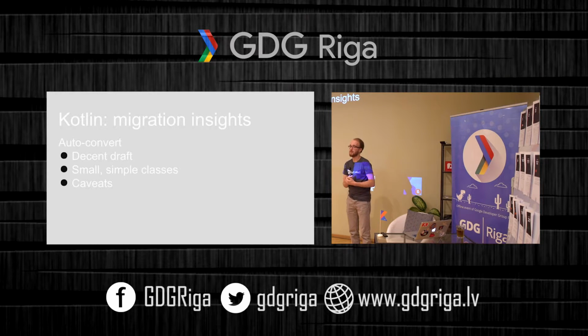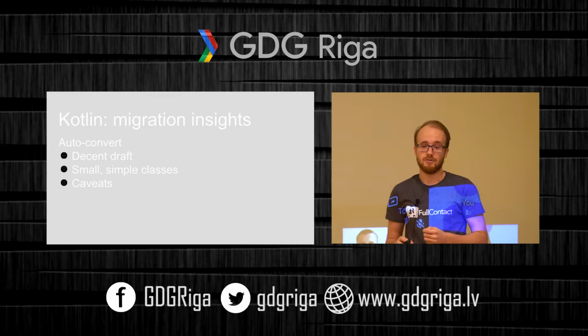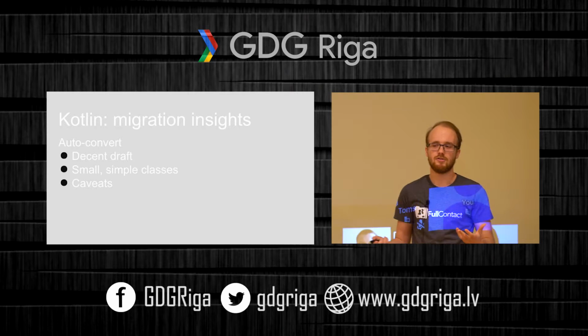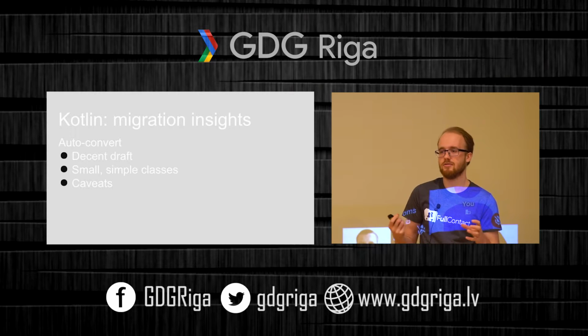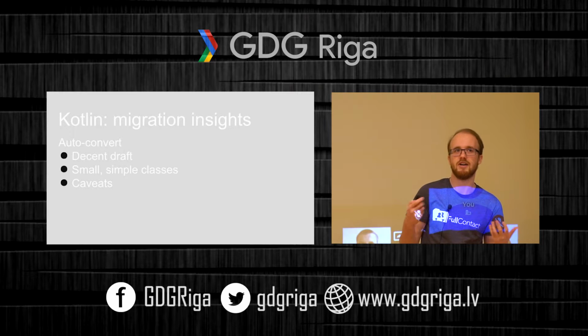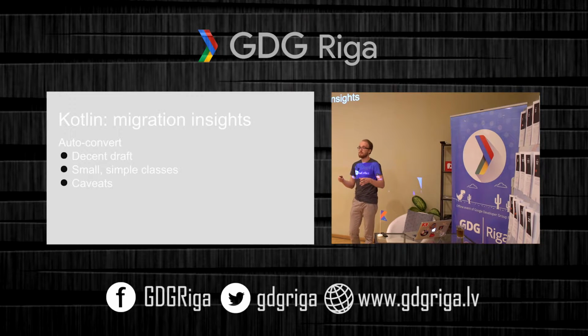So how was the migration and what have we learned? The autoconvert tool: whenever you work in Android Studio or IntelliJ, the Kotlin plugin gives you a little item in the context menu, convert this Java file to Kotlin code, and that autoconvert tool is actually pretty good. For simple classes and small stuff, it's excellent. You don't have to rewrite code, just convert it and adjust small stuff here and there.